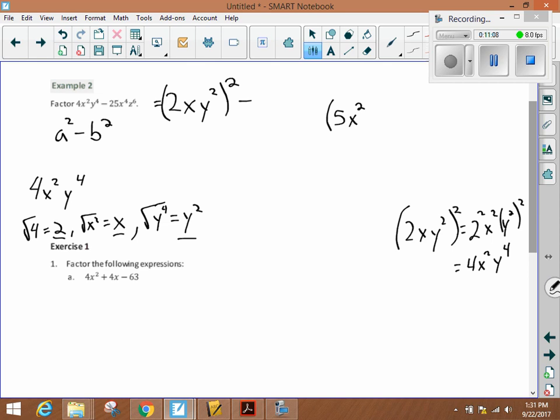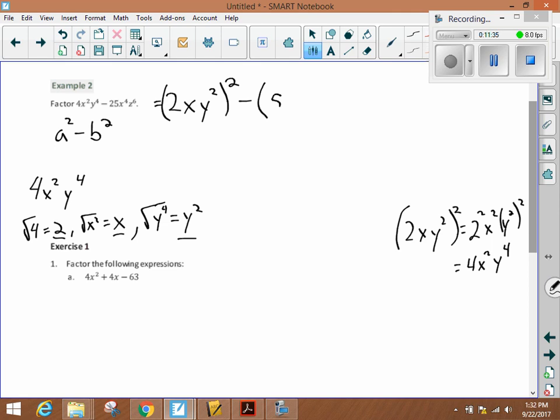If I take the square root of something with an exponent, I am simply going to be dividing the exponent in half. So x to the 4th becomes, if I divide 4 by 2, it becomes 2. And if I divide the 6 by 2, it becomes z to the 3rd power. There it is. I should have written it over here.